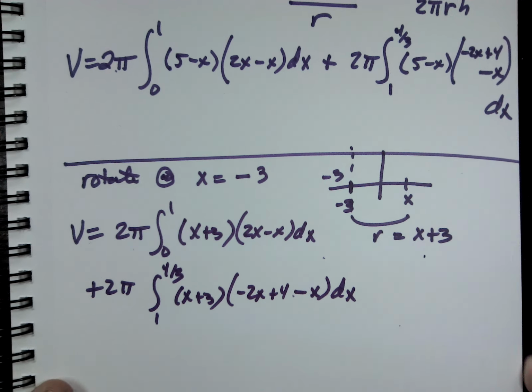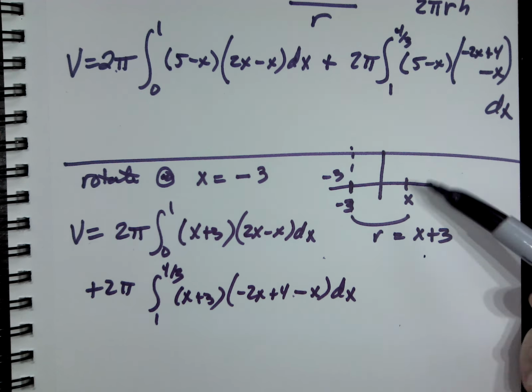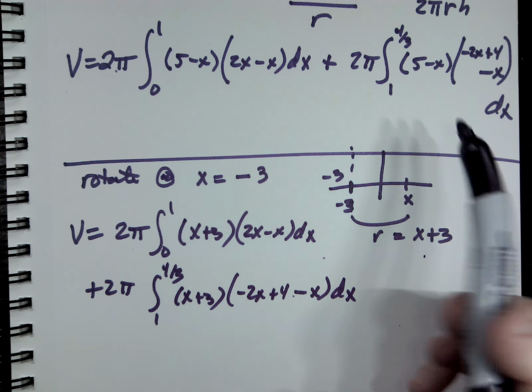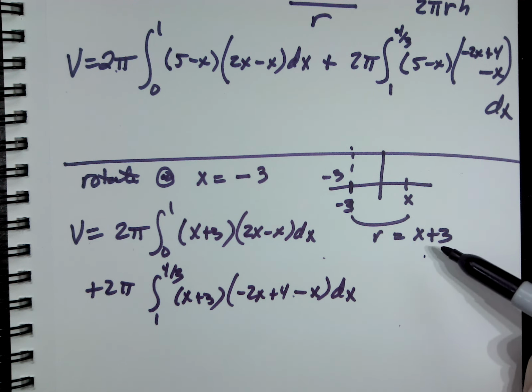The thing that changes here is if your axis of symmetry is on the left or the right of your region, you're going to have either x plus something or something minus x, depending on where your axis is.